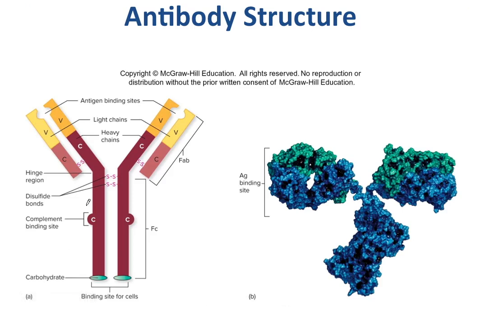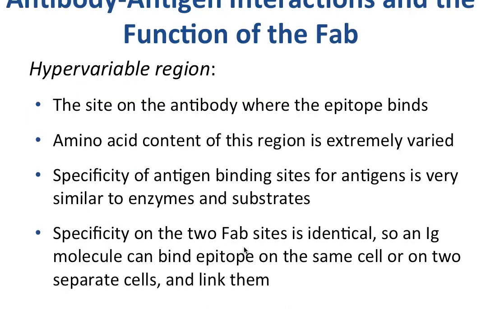We can see this is a heavy chain. This is the light chain. This is the variable region, so they can bind with all kinds of antigens. This is the constant region. This part is binding to the cells. We have carbohydrate elements here. They can bind to the plasma membrane.